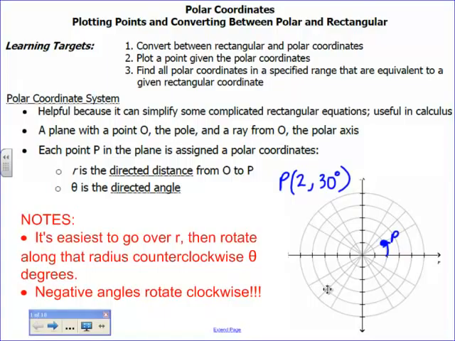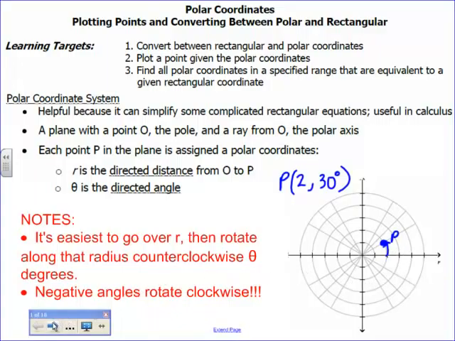It's easiest to go over R and then rotate along that radius counterclockwise to that angle. It gets a little more complicated if you're trying to do the angle first. So easiest to move R and then rotate theta. Remember that positive angles go counterclockwise and negative angles go clockwise. So remember, we always opened up or opened down. Positive angles open up, negative angles open down.